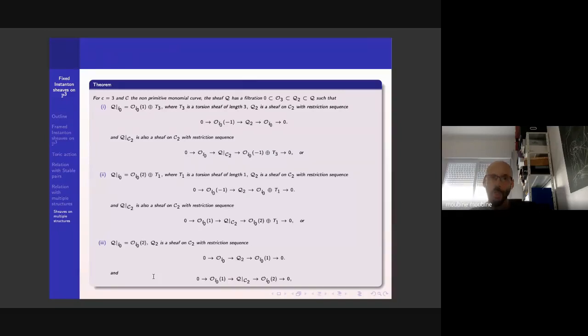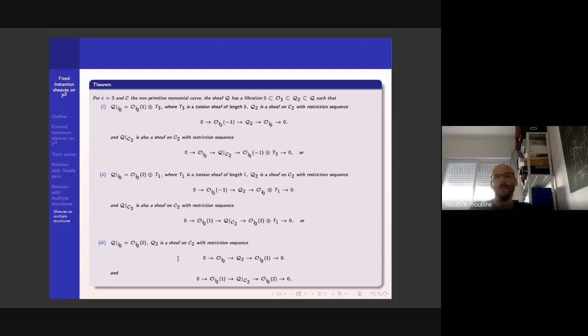Okay, so in this case we have seen that we have 7 cases, and it's much more than the number of Young diagrams, that is, the number of partitions, for charge 3 instantons.